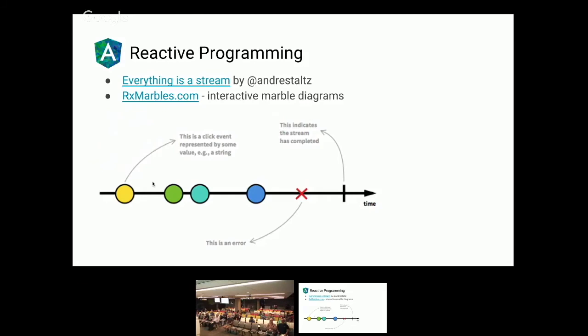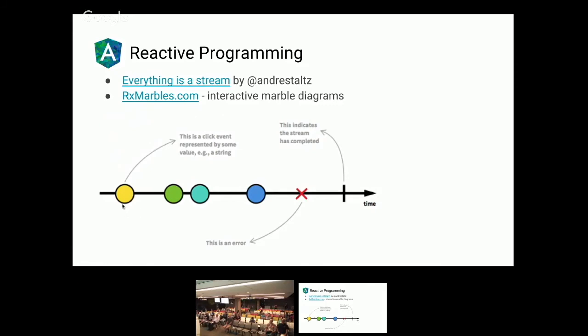Anytime you learn about reactive programming, you're going to see these marble diagrams because, as we said, an observable is a reference to a value that changes over time. And each of these little marbles, each of these circles, is a different state of the value or a different event. This timeline is time, moving left to right. These are different click events that can be represented. This could be a stream of strings, of objects.